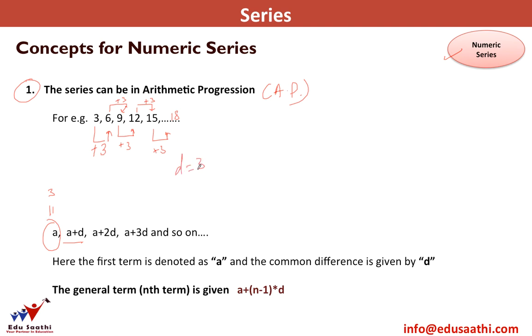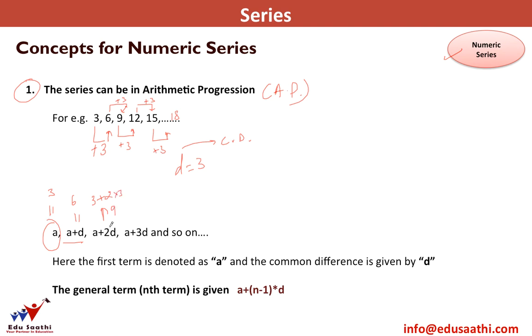D is also 3, which is the difference which is common between any two consecutive terms. That is why we mention this D as the common difference, because it is the same across all consecutive terms. So this second term is 3 plus 3, which is 6. The third term would be A, the first term, plus 2 into 3, this gives me 9, and so on.